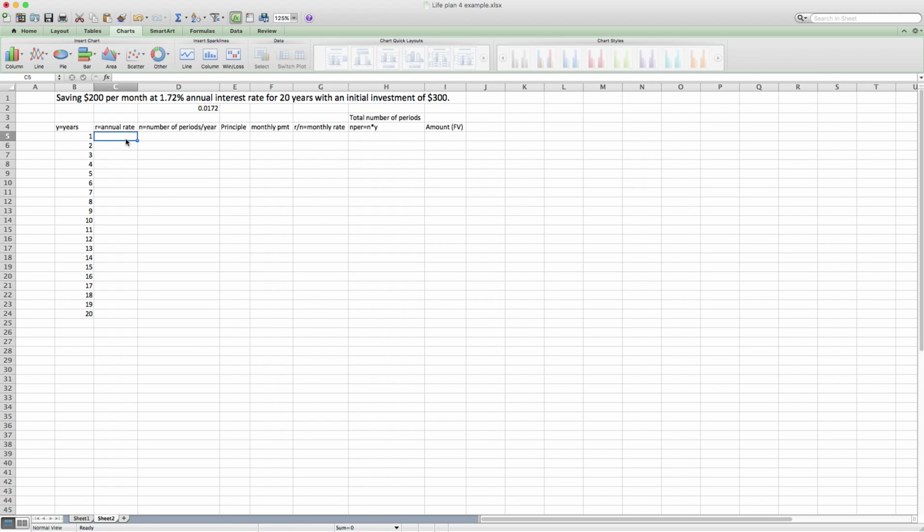Excel understands when you put a percent there that it means the same as the decimal. So I'm going to put in 1.72%. The percent was already there because that cell was already formatted to be a percentage. So it knows that this is actually 0.0172 or 1.72%.